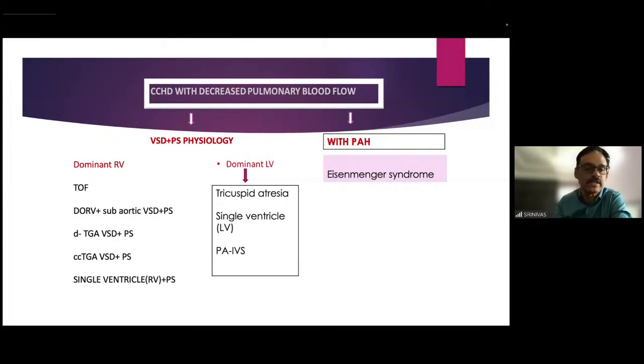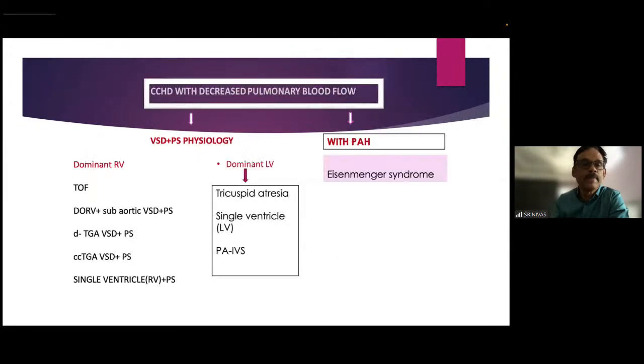In dominant right ventricle, the classical example is TOF, closely followed by a close mimic, DORV subaortic VSD-PS, and DTGA VSD-PS, CCTGA VSD-PS, and single ventricle of RV type with PS. In dominant left ventricle, the classical example is classical tricuspid atresia, type 1B with PS, single ventricle of LV type, and pulmonary atresia with intact ventricular septum. The cyanotic congenital heart disease with decreased pulmonary blood flow and pulmonary arterial hypertension is Eisenmenger syndrome. Again, I am not considering this in this talk.